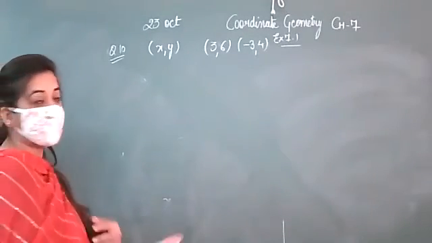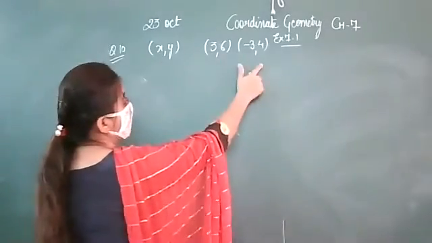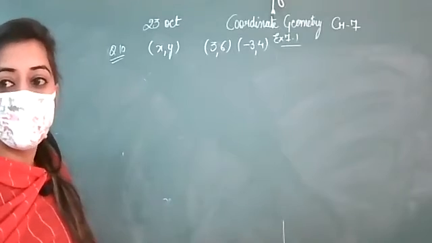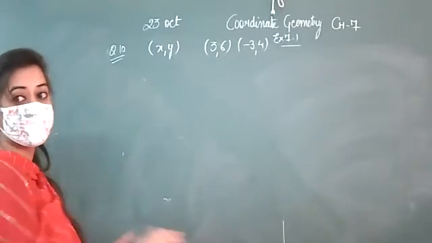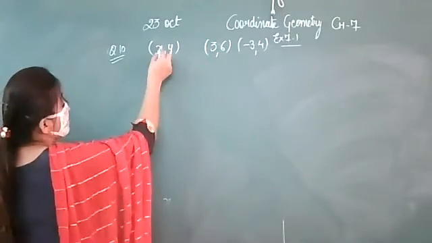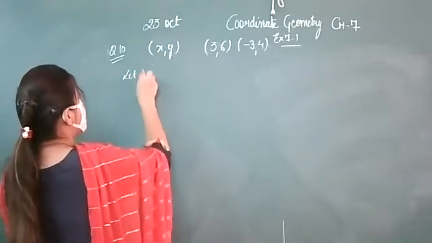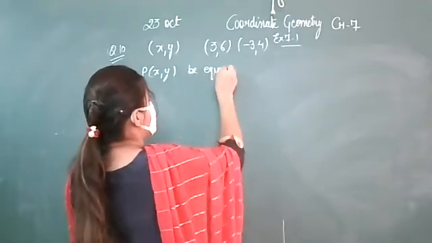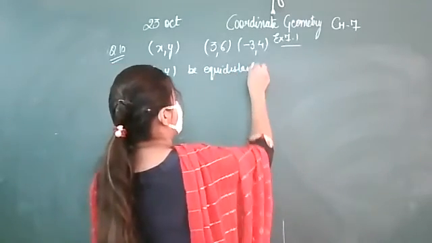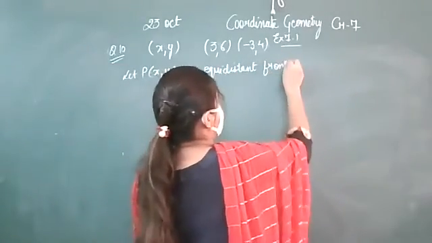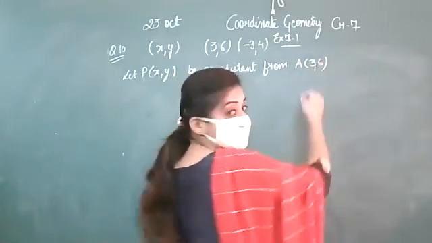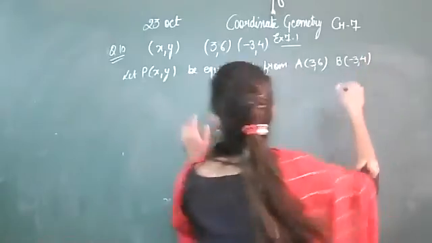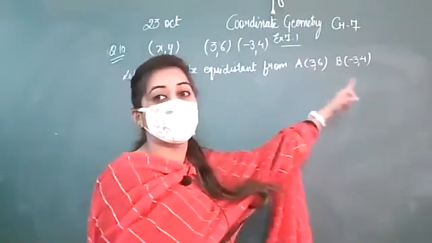But in question number 10, you have given the point x, y, 3, 6 and minus 3, 4. We have given one relationship that this point x, y is equidistant from these 2 points. So let this P x, y be equidistant from A 3, 6 and B minus 3, 4. ये जो point है P x y इसका distance A और B से same है.